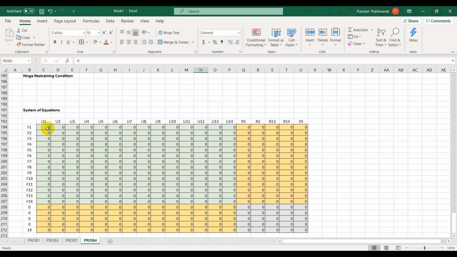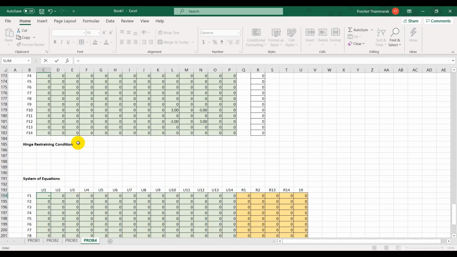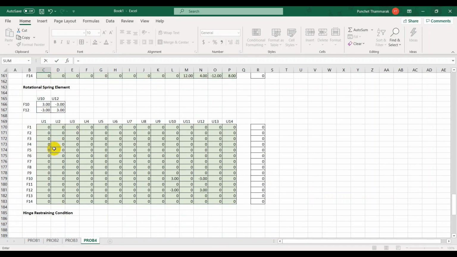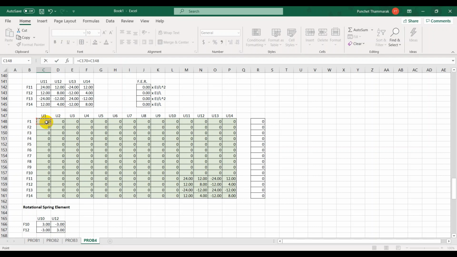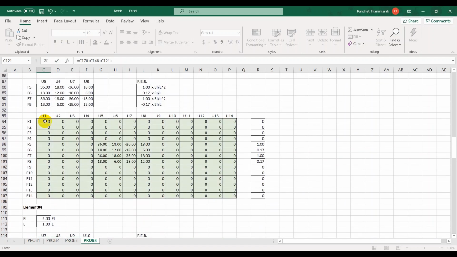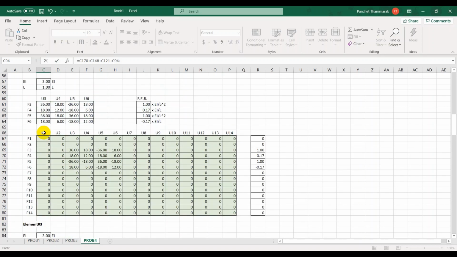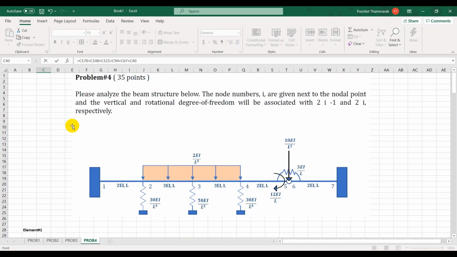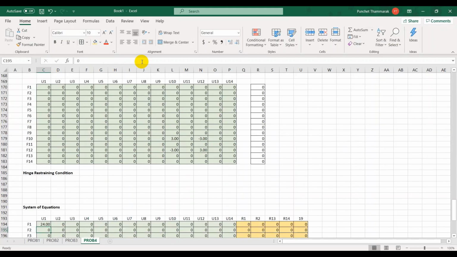Okay, so first of all, let me take everybody in here. This adds up with this, adds up with this, adds up with this, adds up with this. Why is it so many? 1 2 3 4 5 6. Yes, okay, 5 beam elements and 1 spring element. Okay, fine.